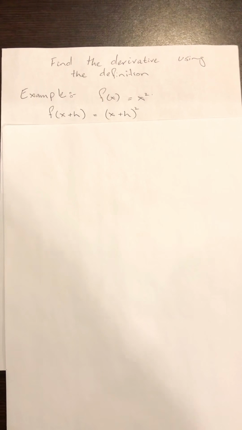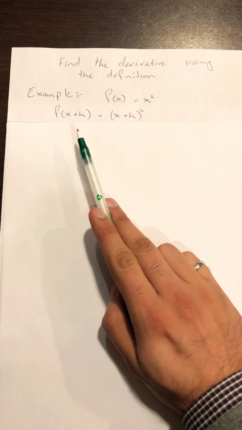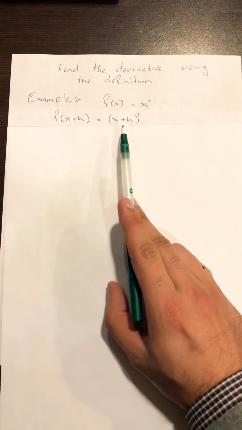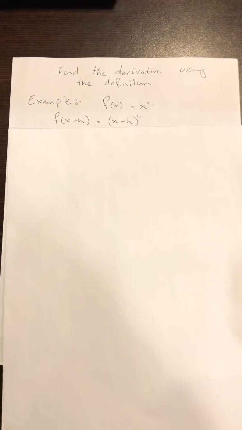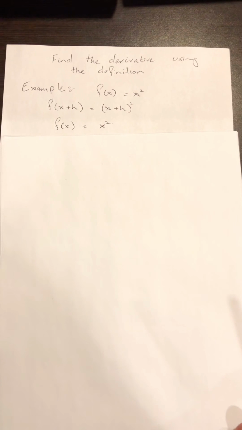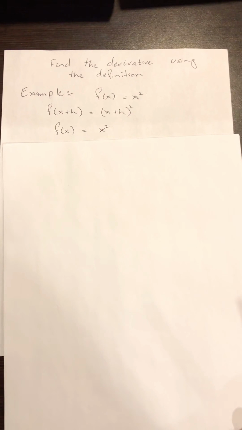First we'll find our f of x plus h. Simply, we substitute x plus h in the function, and we get x plus h all squared. And then we have our function, which is f of x is equal to x squared.